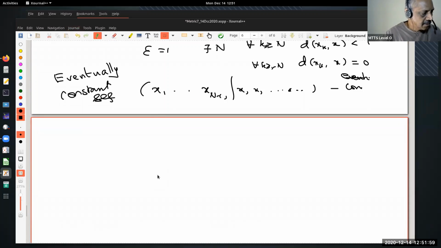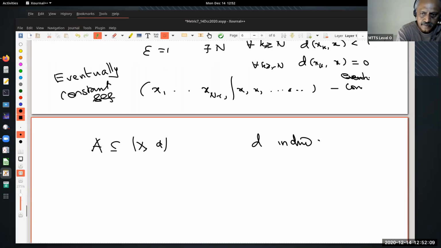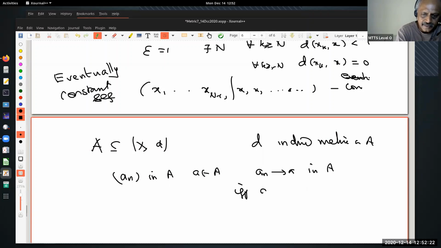Right. Now let's come to subsets. Suppose A is a subset of (X, d) and d is the induced metric on A. Then I have a sequence a_n in A and a point a in A. When does a_n converge to a in A? If and only if a_n converges to a in the metric space (X, d).